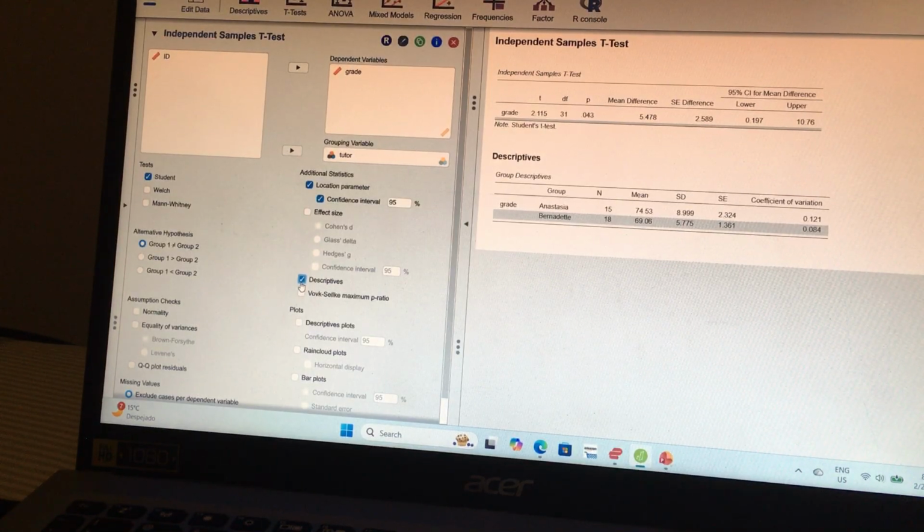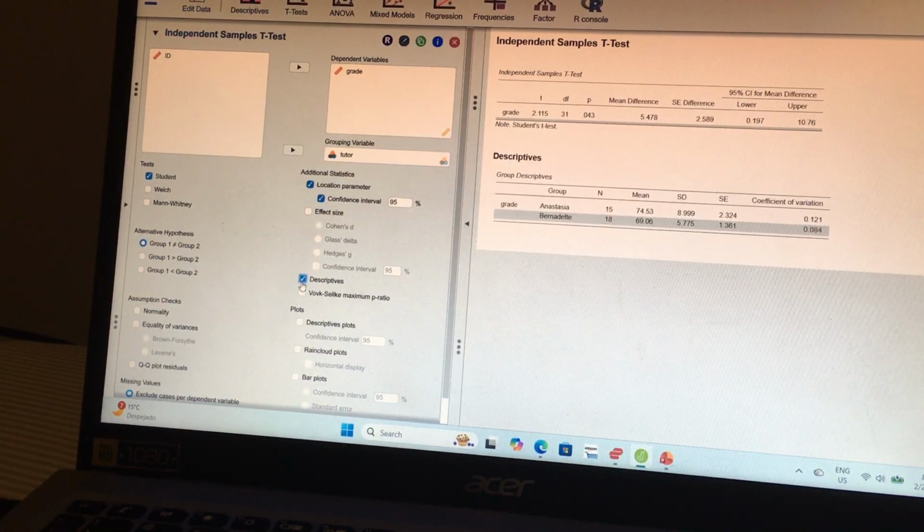And then Bernadette's section was n equals 18. The mean for her students' grade was lower. It was 69.06 with a standard deviation of 5.775, the SE value of 1.361. So our output is accurate.